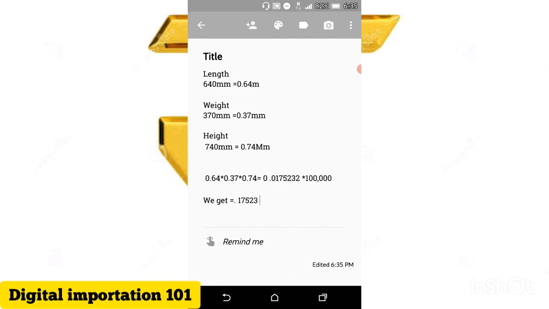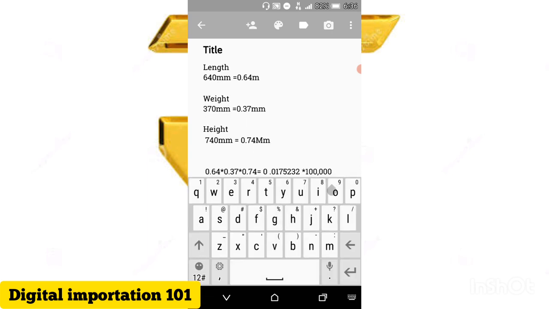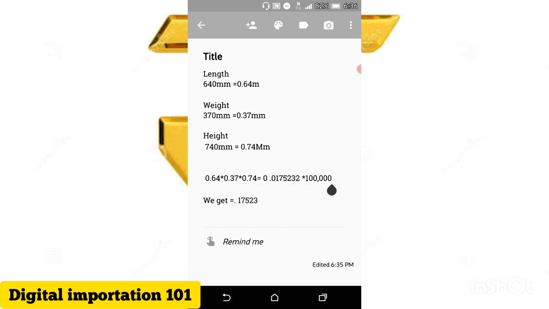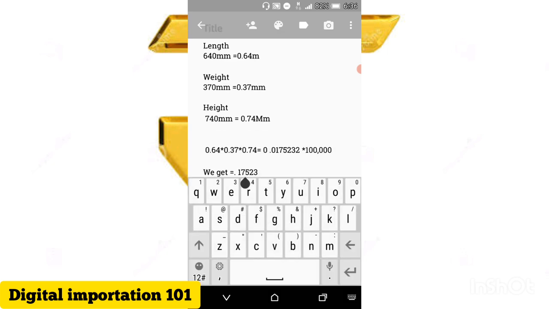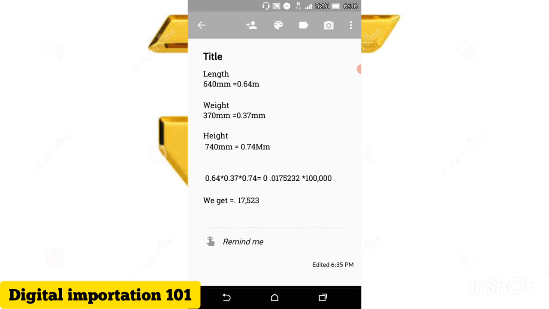Remember, this 100,000 is the CBM rate from our freight agent, and our final answer to ship the washing machine to Nigeria is 17,523 naira.